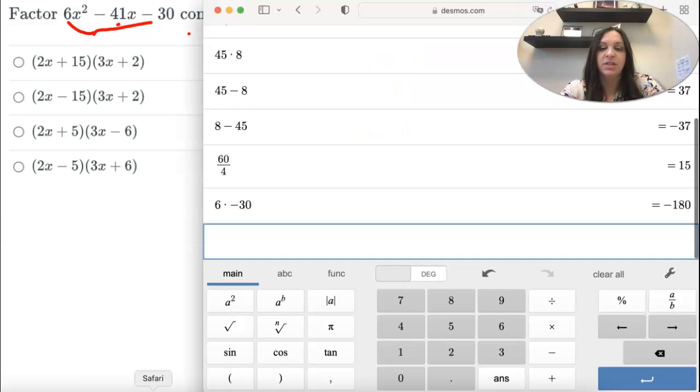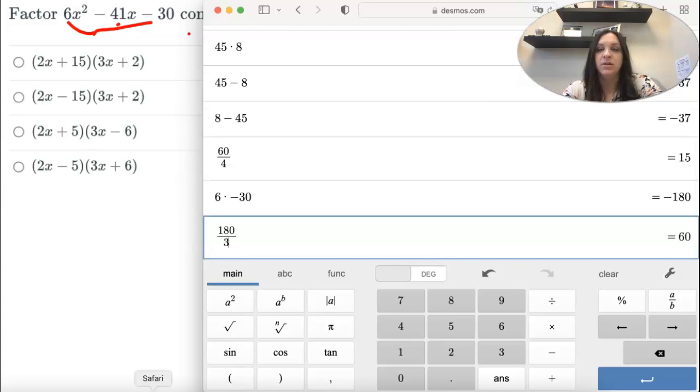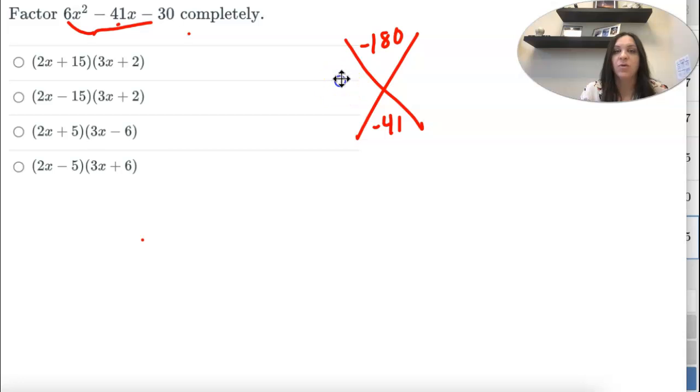So let's just start dividing. 180 divided by 2, divided by 3. I'm looking for a 41. Haha, there we are, 45 minus 4. So 45 times 4 is 180, but it has to be negative. So negative 45 plus 4.